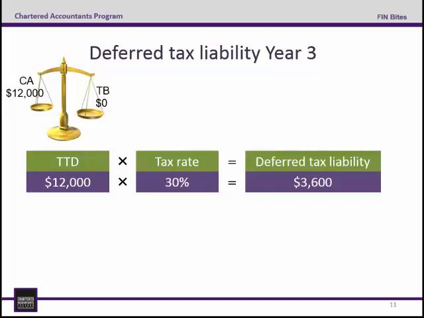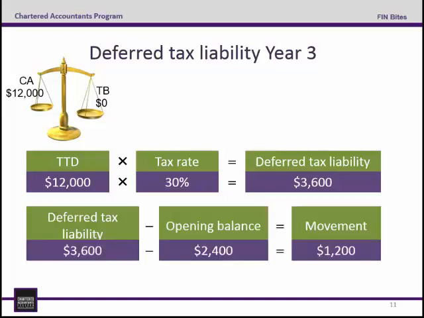But it's important to remember we don't record a journal entry for $3,600 because that's our balance at the very end of year three. That's the balance that should be sitting in our deferred tax liability account. But remember, balances carry forward. So we would have had an opening balance of $2,400 from the end of year two.